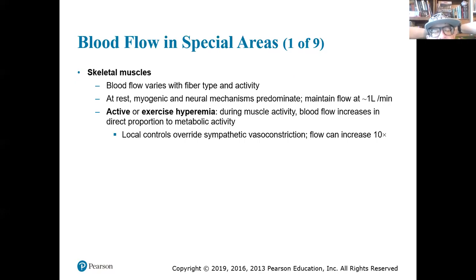During active exercise, hyperemia during muscle activity, blood flow will increase in direct proportion to the activity. Local control overrides sympathetic vasoconstriction, and it can let flow increase again.